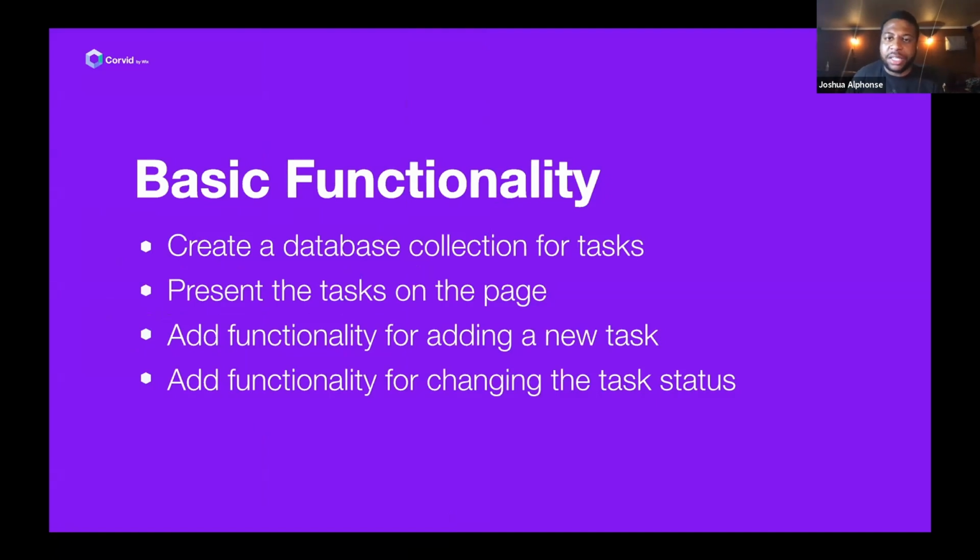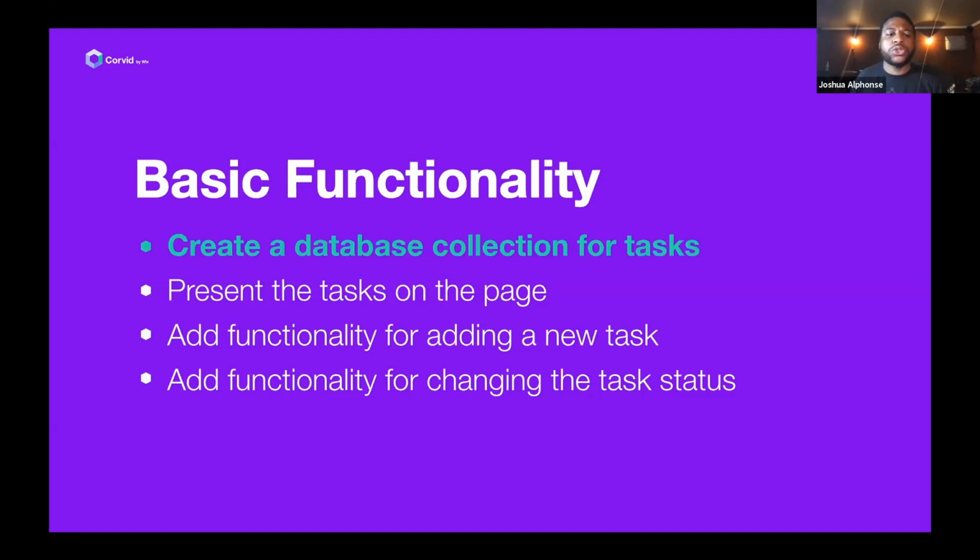When you create a database, it builds a completely new UI for you to go through. So no need to go through terminal or look through something like SQL Server. It's a big table. It's really easy to use, and we'll dive into that a little later. We're going to use the database collection to present the tasks that we have stored in our collection on the page. We'll add functionality to the to-do list for adding a new task, and then we'll add some more functionality for changing the status of the task, saying if it's completed or if it's active.